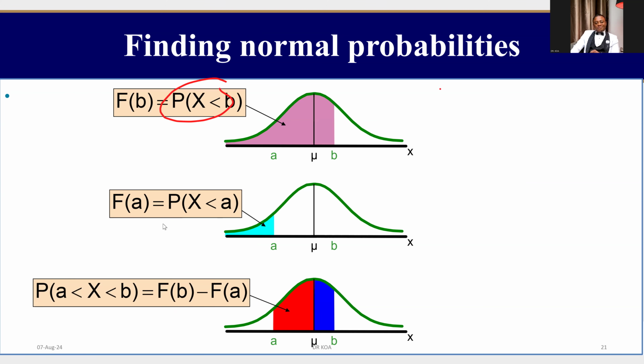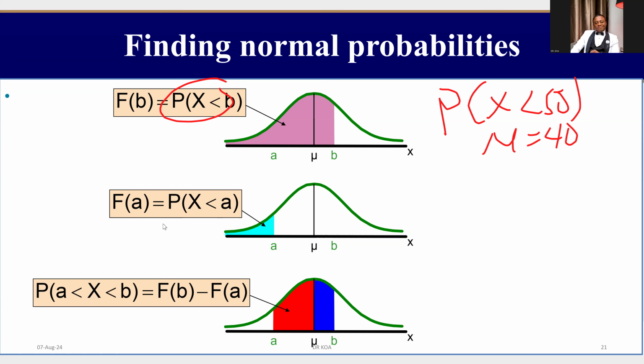So I can say, let us find the probability that X is less than 50. Meanwhile, the mean is 40. The mu is actually 40. Let's find the probability that a particular random variable is less than 50.